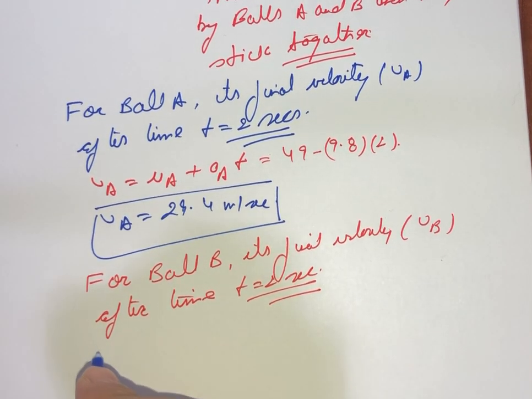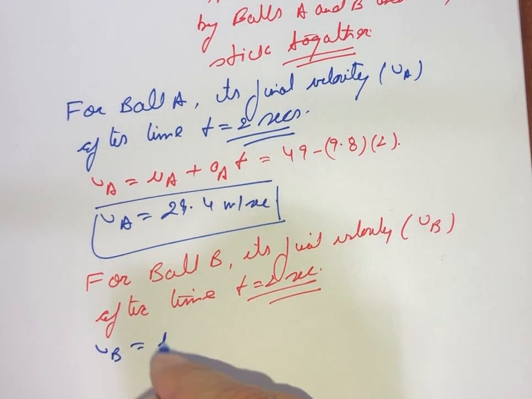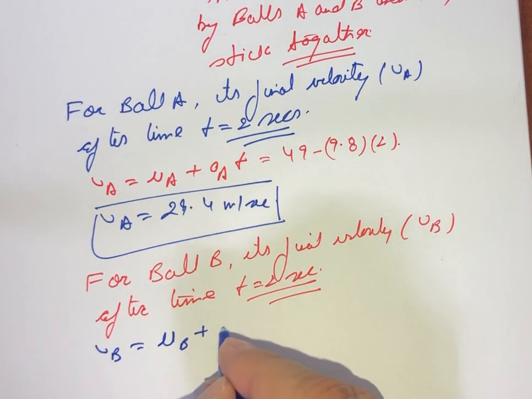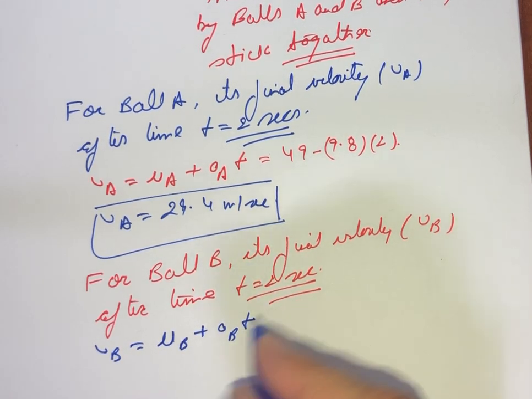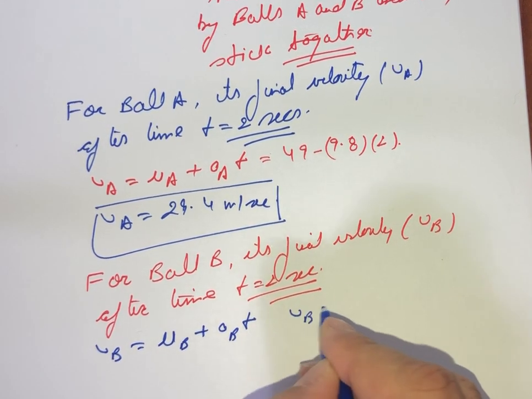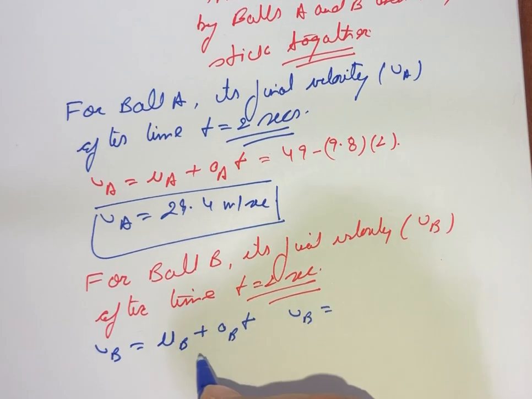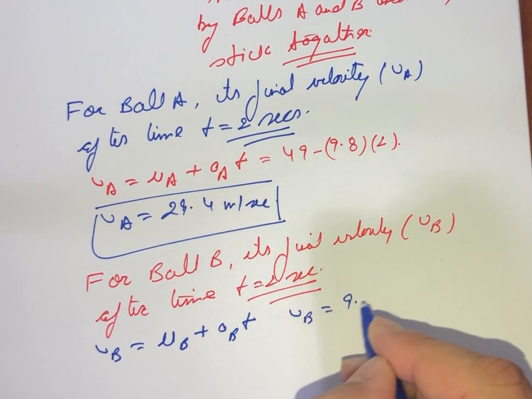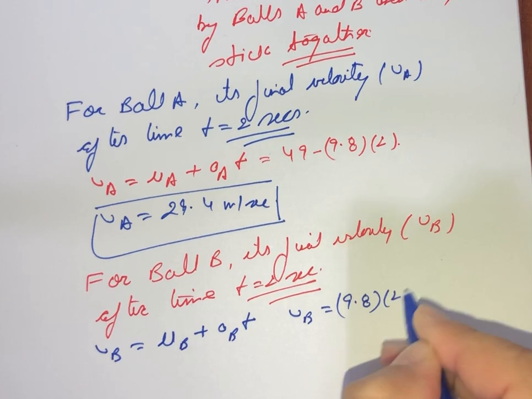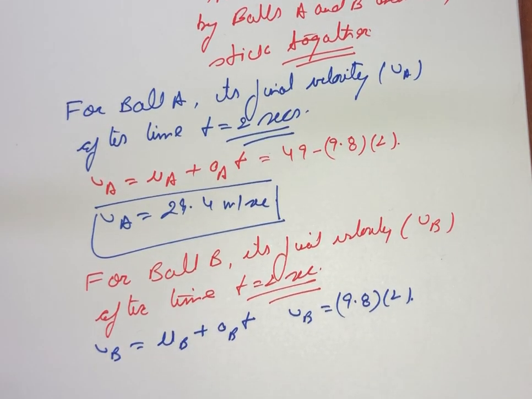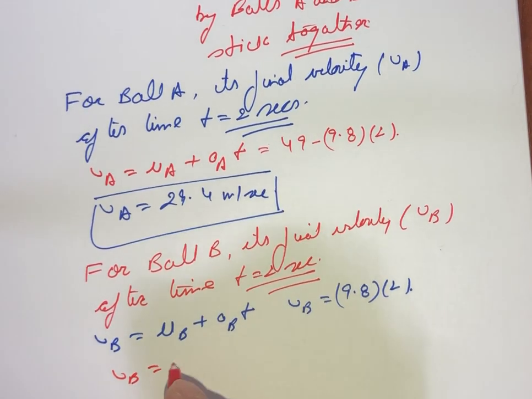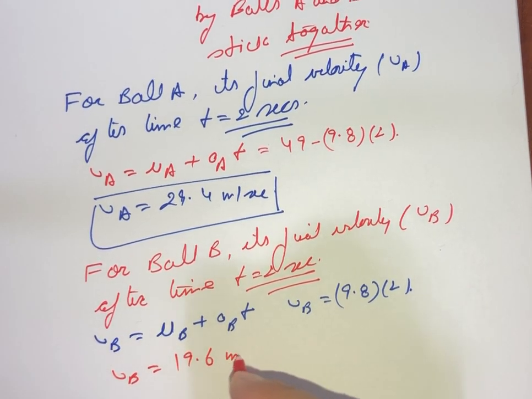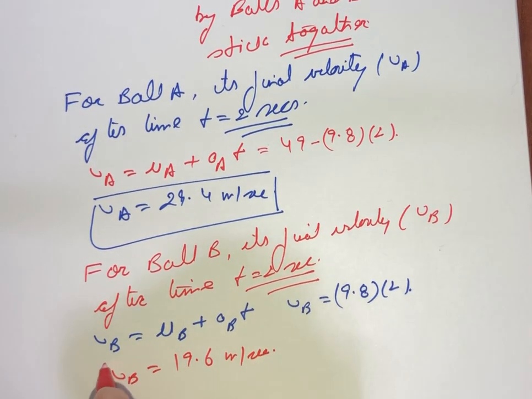So you can say VB is equal to UB plus AB multiplied by time t, and we get VB is equal to UB 0, so this will be 9.8 multiplied by 2, or we can say VB is equal to 9.6 meter per second.